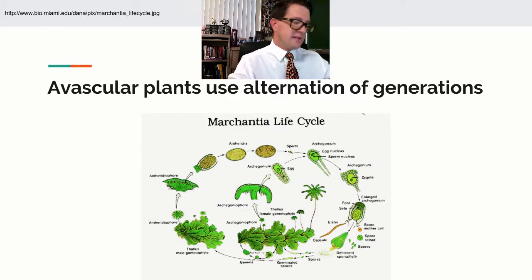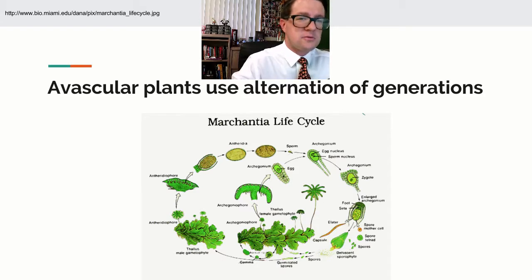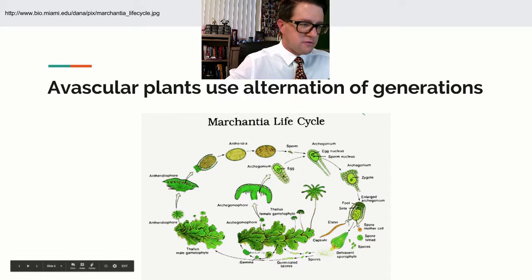When we look at plants, the lower plants, meaning the less evolved, more primitive, not as complex plants, are typically called avascular plants, meaning they don't have vascular tissues like xylem and phloem. What they do when they undergo reproduction is they have something referred to as the alternation of generations. So they will have a form that's referred to as a sporophyte, meaning if it were to attempt to reproduce, it can only reproduce asexually.